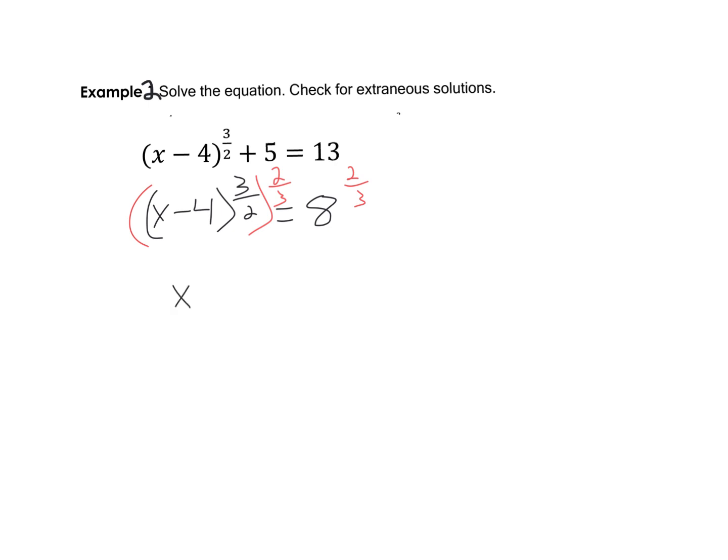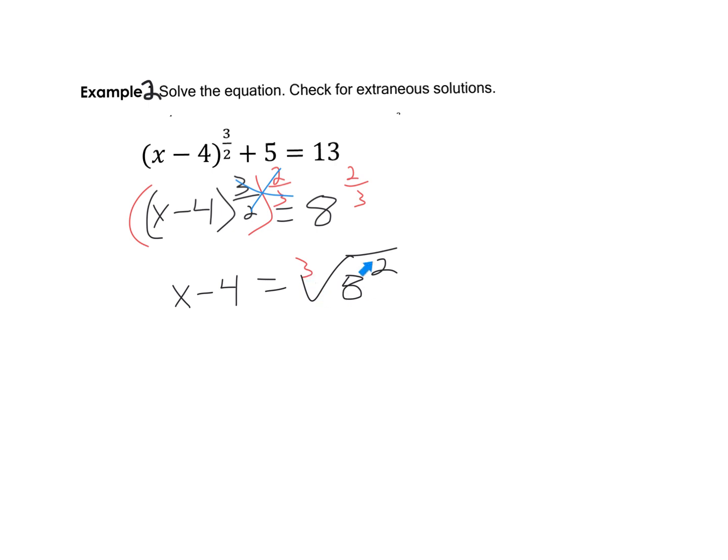So on the left side, we're just left with x - 4, because again, 3/2 times 2/3 gives you 1. So x - 4 equals 8^(2/3). Remember, that's the cube root of 8, squared.